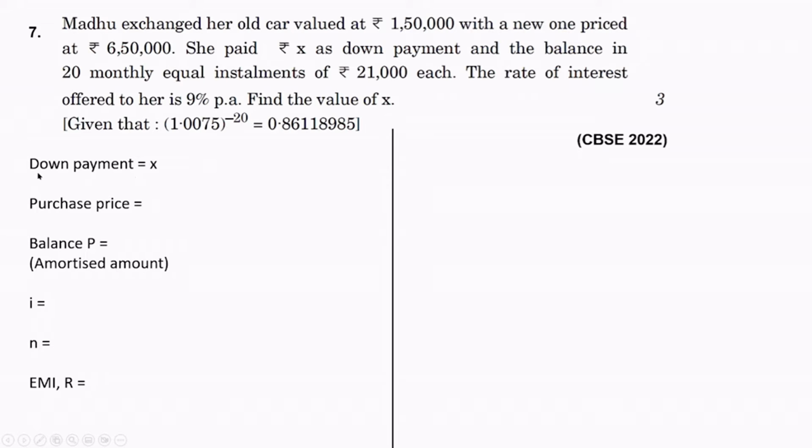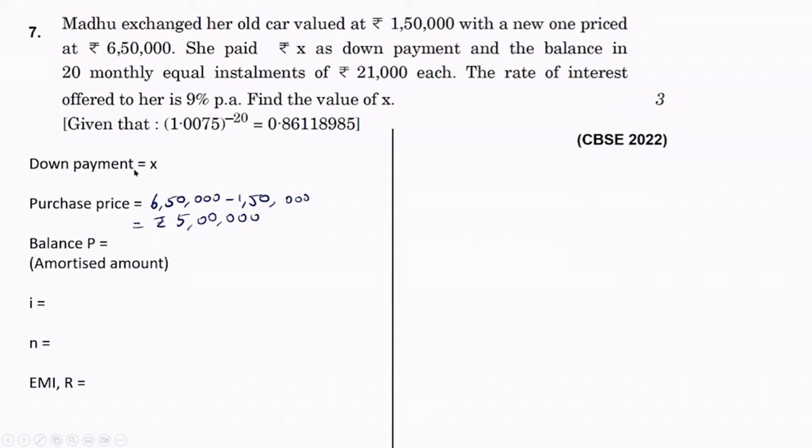So here the down payment is given as X, and the purchase price is 6,50,000 minus 1,50,000, because she has exchanged her old car, which is valued at 1,50,000, with this new one. So this is 6,50,000 minus 1,50,000, which is rupees 5 lakhs.